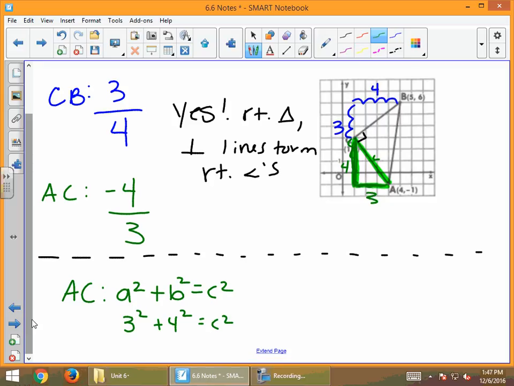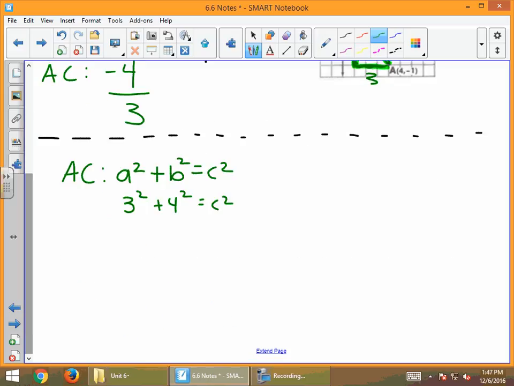What's 3 squared? What's 4 squared? 9 plus 16? 25. What do we have to do to both sides? Take the square root. So C equals 5.